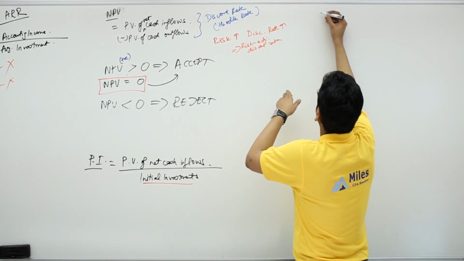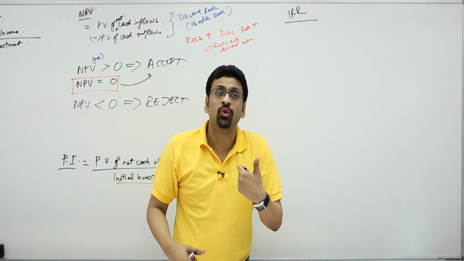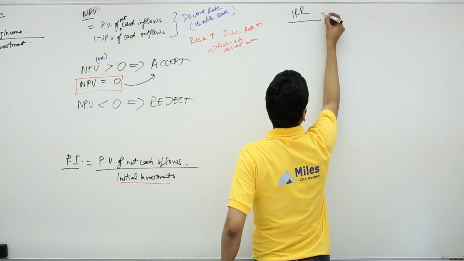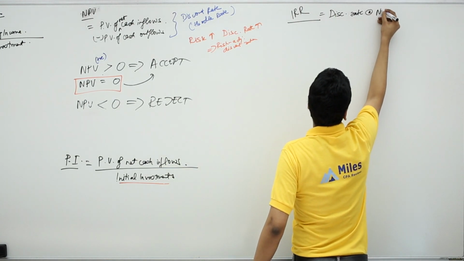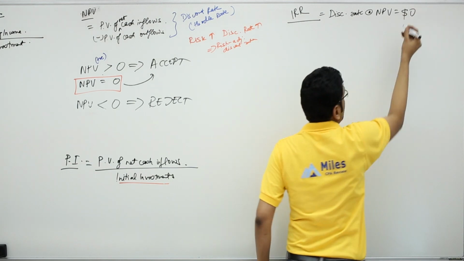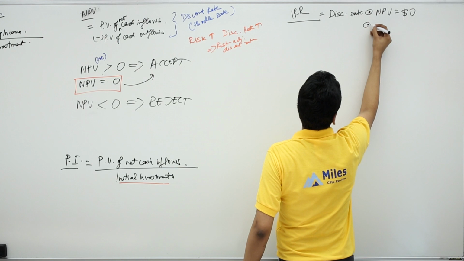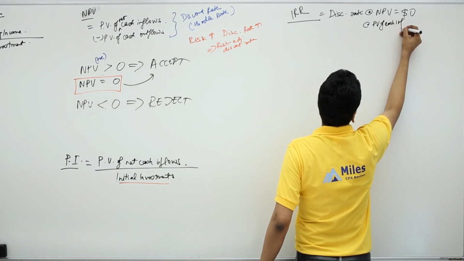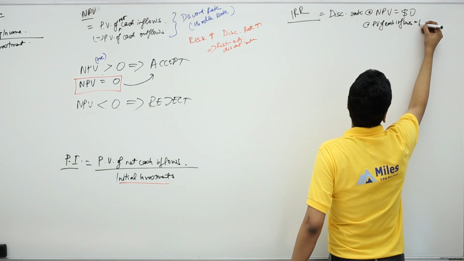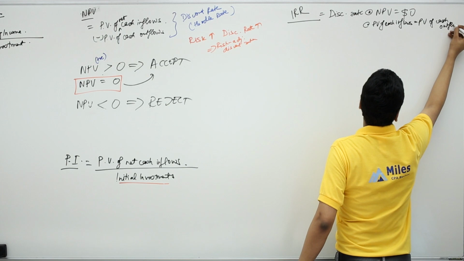We're looking at IRR, the internal rate of return. So this is the discount rate at NPV equals $0, or basically the discount rate when present value of cash inflows is equal to the present value of cash outflows.